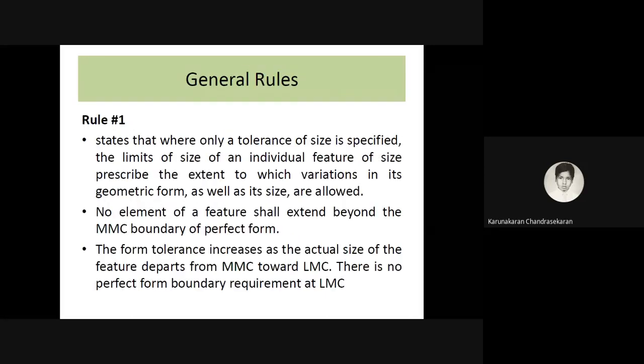And we do have two generalized rules in 2615. Rule 1 states that where only a tolerance of size is specified, the limits of size of an individual feature prescribe the extent to which variations in its geometric form are allowed. That means the limit of size given to the feature, we can use only with the variations. Without variation, we are not supposed to go forward, because then there will not be any interchangeability.